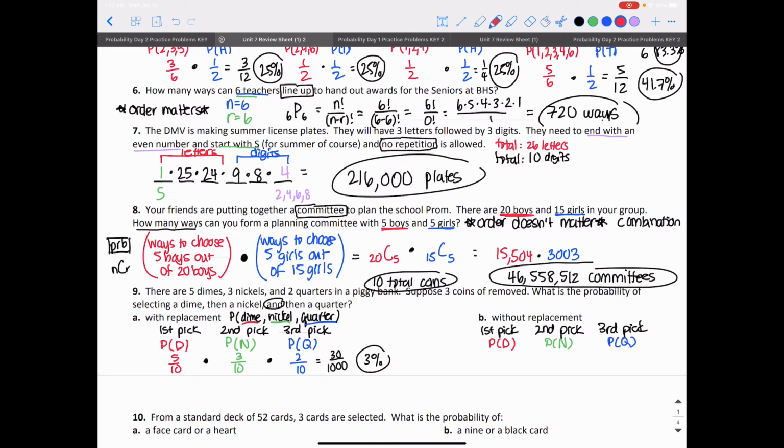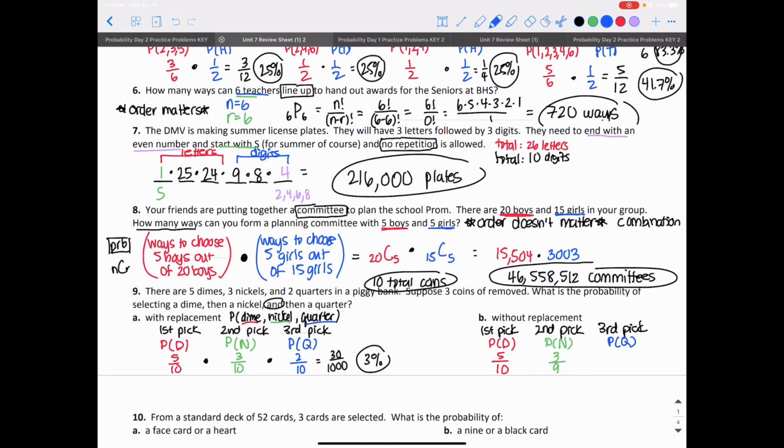The probability of getting a dime on the first pick is the same as it was with replacement. It's my first pick. Nothing's been taken out of the bag yet, so it's 5 out of 10. After I choose that dime and I take that out, there are only 9 coins left in the bag. And if I took a dime out, there are still 3 nickels left.